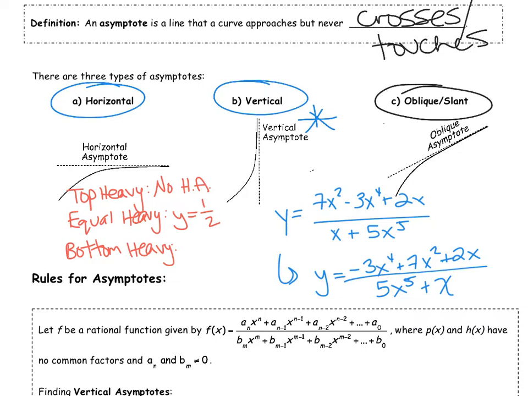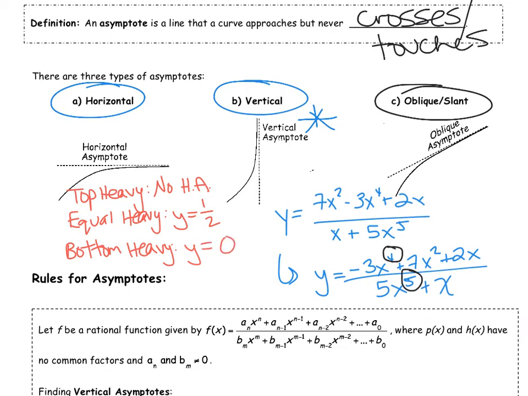Now this we would consider bottom heavy because the exponent in the denominator is bigger than the exponent in the numerator. So because this is bottom heavy, automatically our horizontal asymptote is at y equals 0.